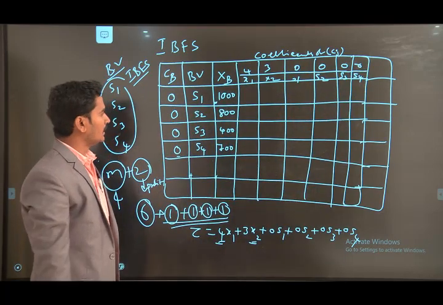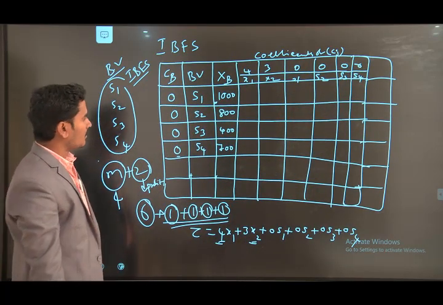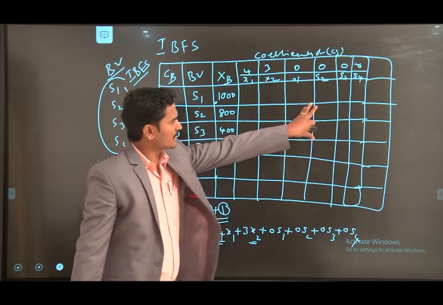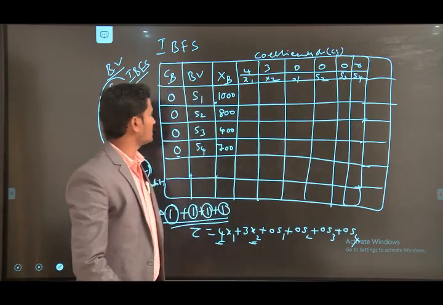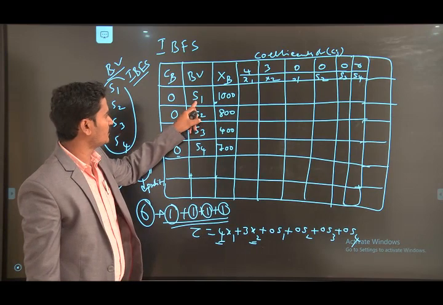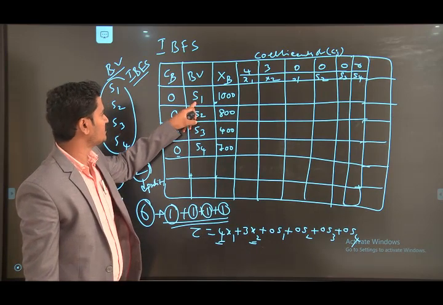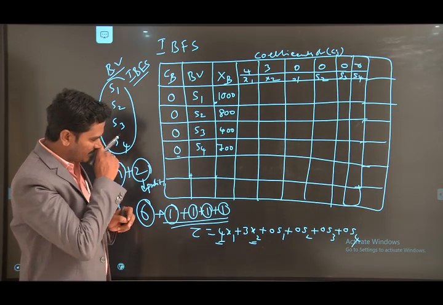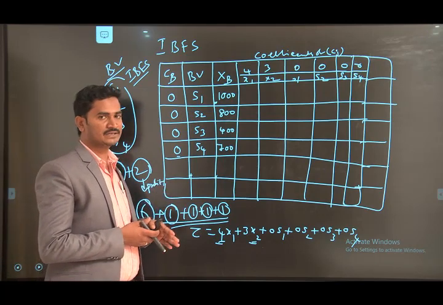Next, coming to the constraints, we have to take the constraint coefficient values. What is the first constraint? S1 belongs to the first constraint. What are the coefficients in the first constraint? It is the time availability constraint.